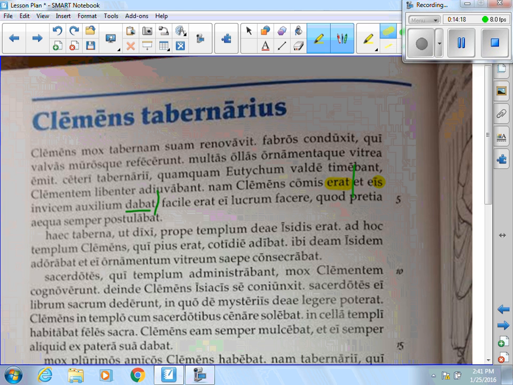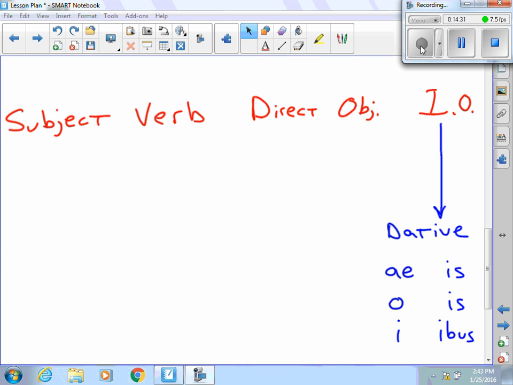We're going to go ahead and highlight that. And auxilium, which definitely has a um. So let's see how that works out. Now I said that the eis word we haven't dealt with. That's because it's an indirect object. It's dative. Again, endings that we should know. Subject, verb, direct object, and indirect object is how we translate sentences into English.